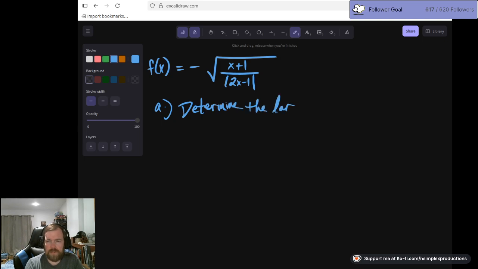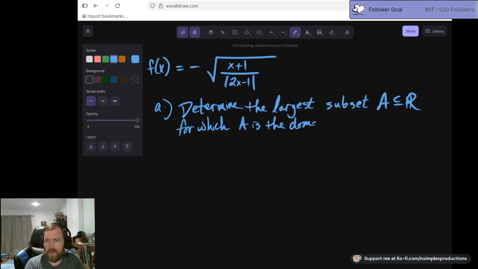Determine the largest subset A of the real numbers for which A is the domain of f.